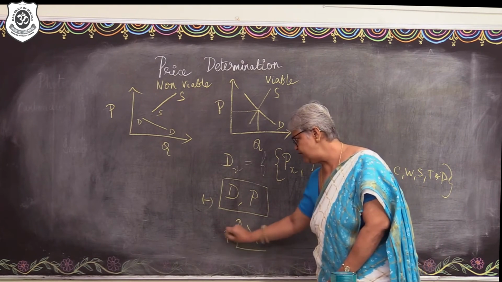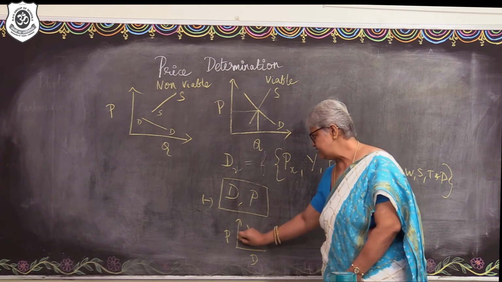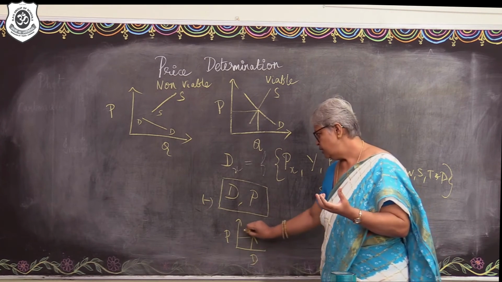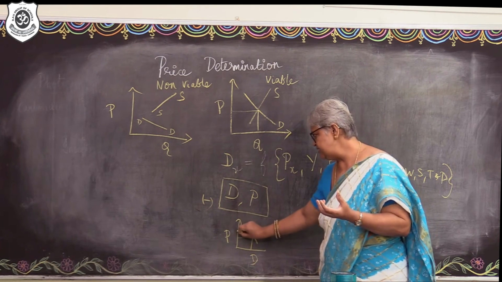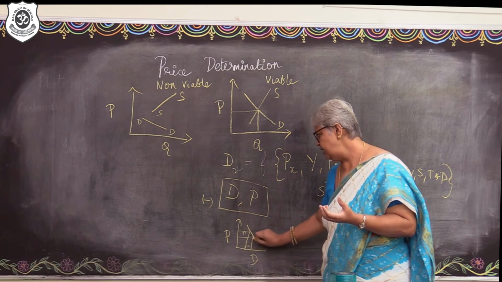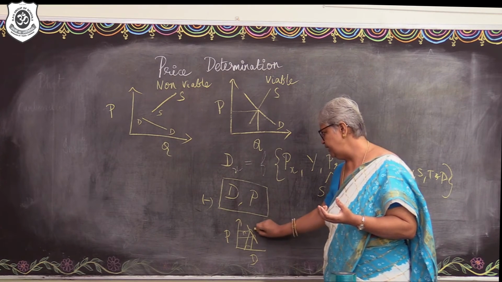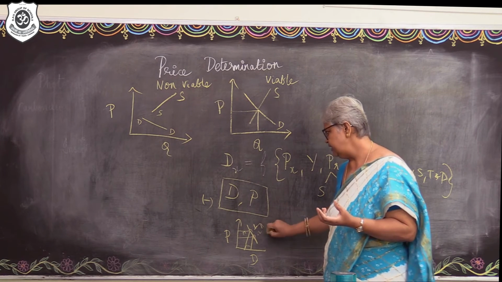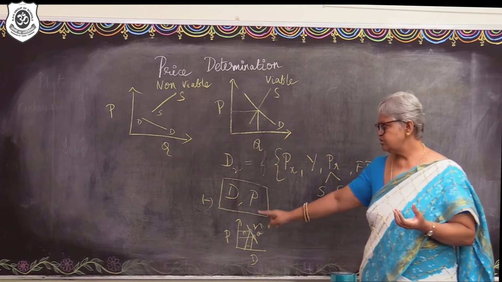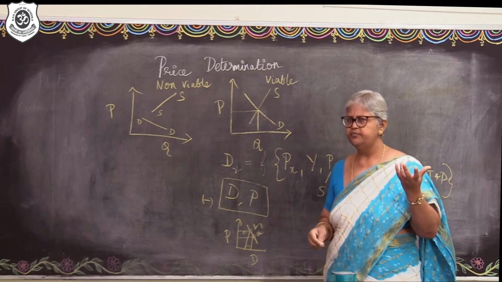Measuring the price here and the quantity demanded here, let's say this is the initial price at which you have a specific amount of demand. When the price increases, along the demand curve there can be a contraction shown from this point A to point B. There is an upward movement along the demand curve. So such a change can be shown along the demand curve.